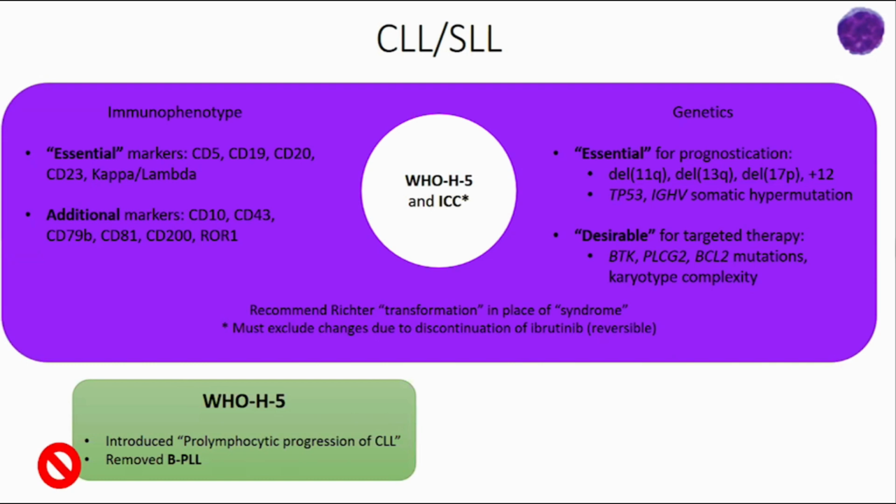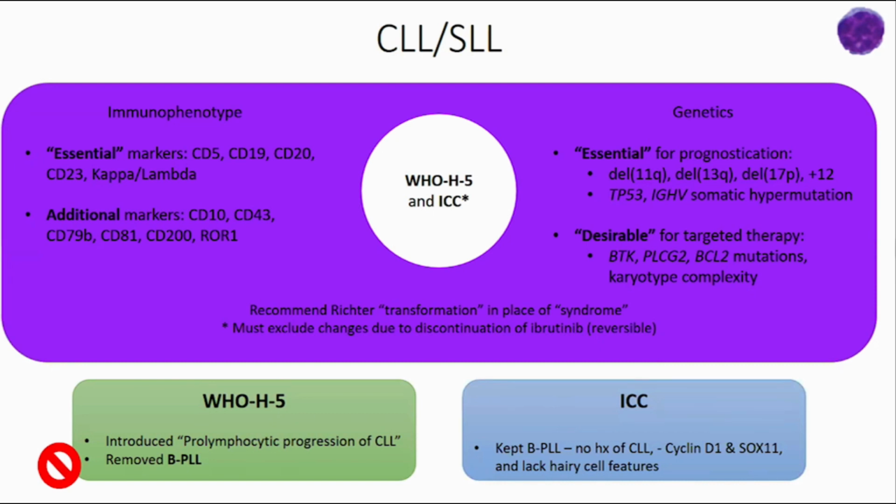But the WHO has introduced a term called prolymphocytic progression of CLL and has entirely removed the entity B-PLL, owing to its heterogeneous nature. A lot of the cases that had fit B-PLL have been moved into a new entity that we will talk about shortly.